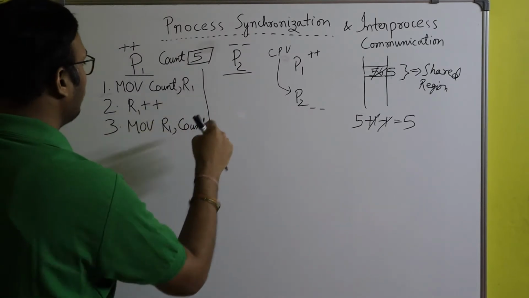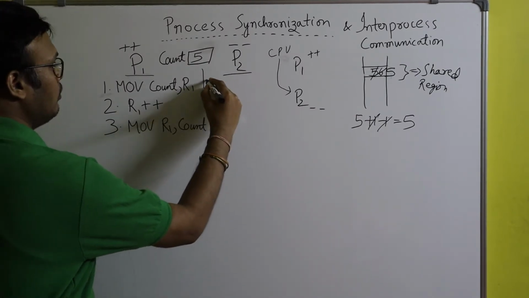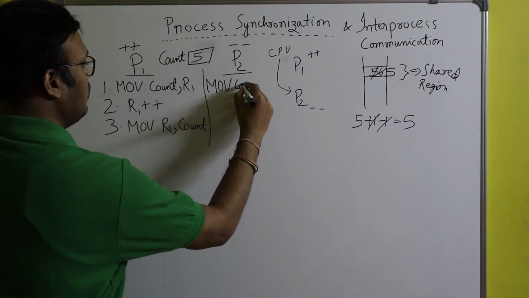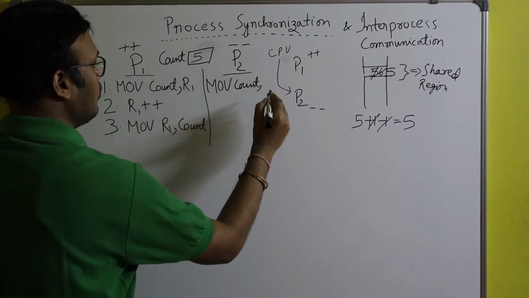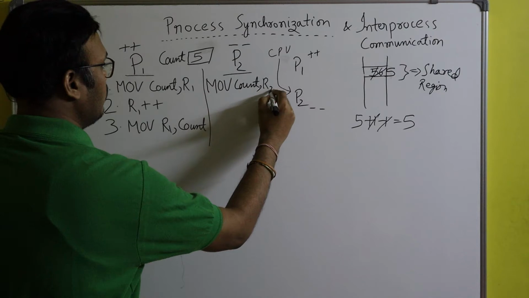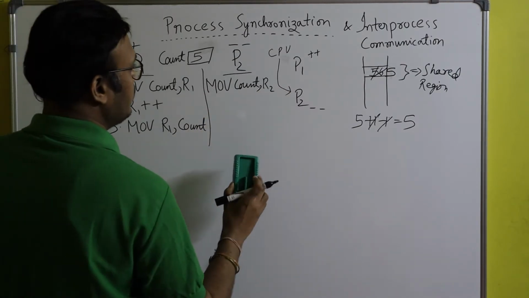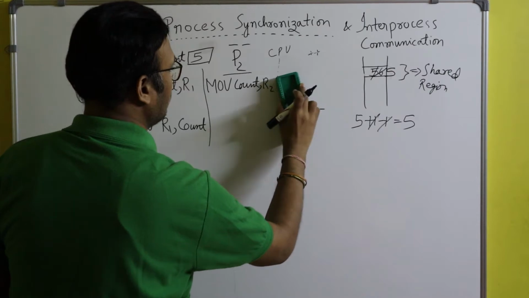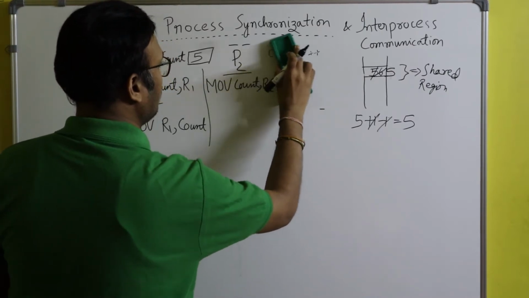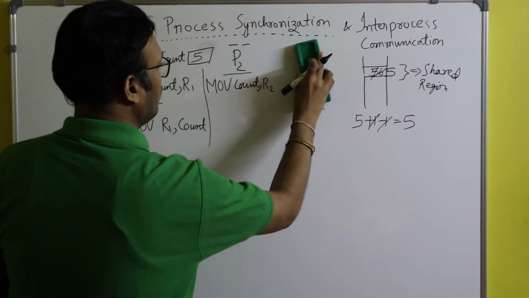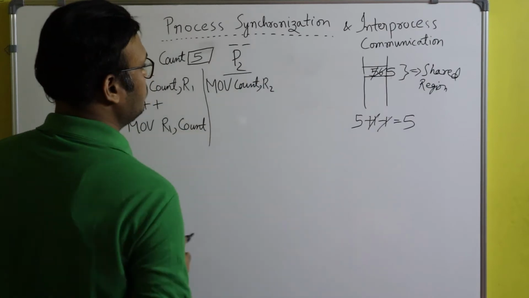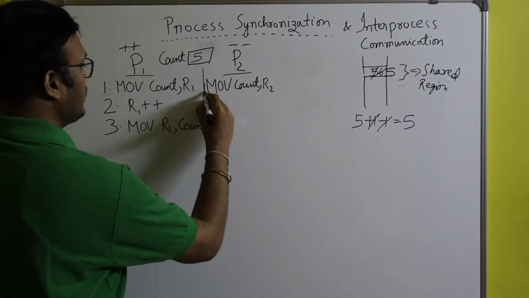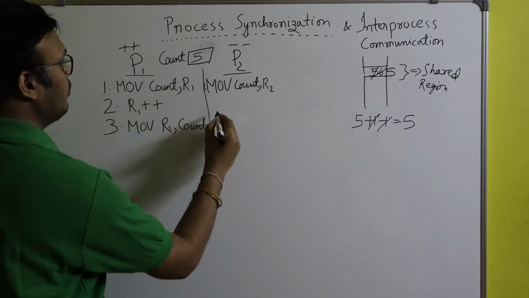So let me write the code of process P2. Move count, comma, R2. It's the first instruction of P2.